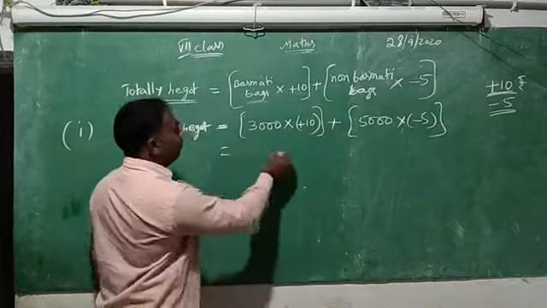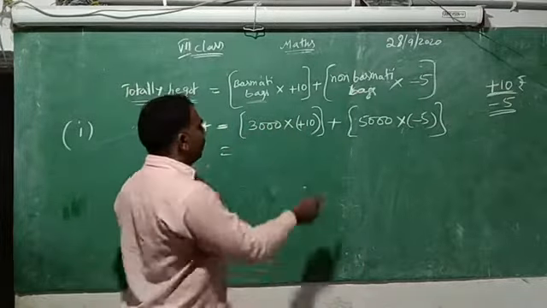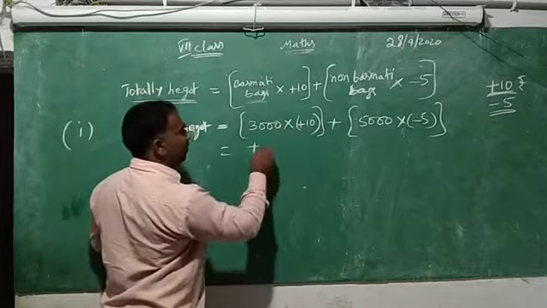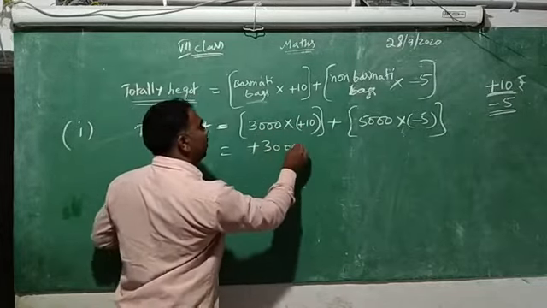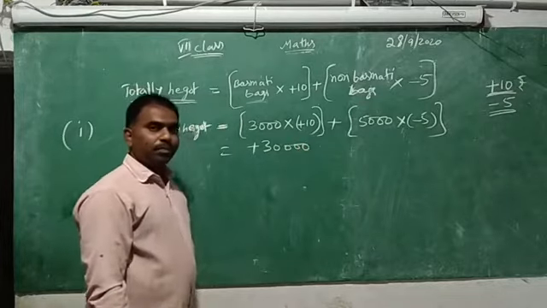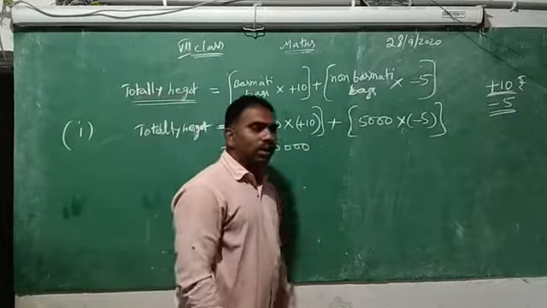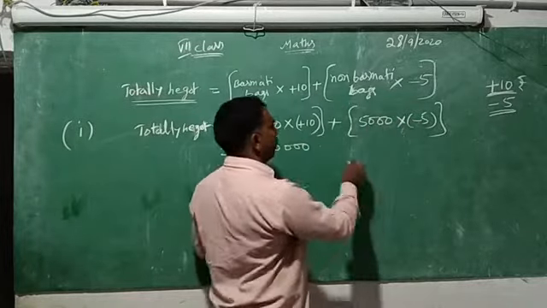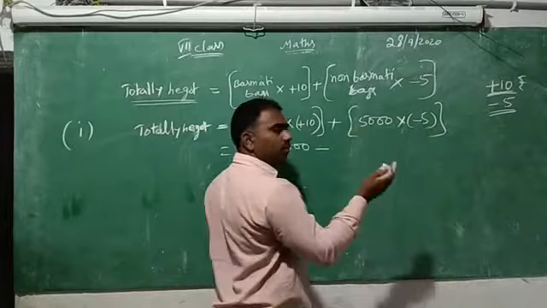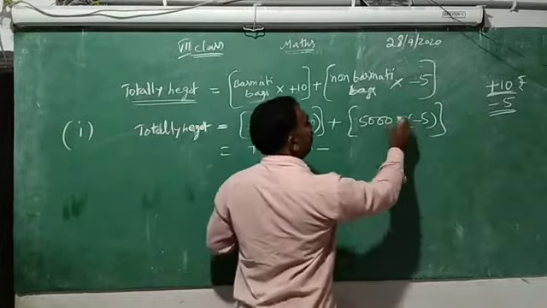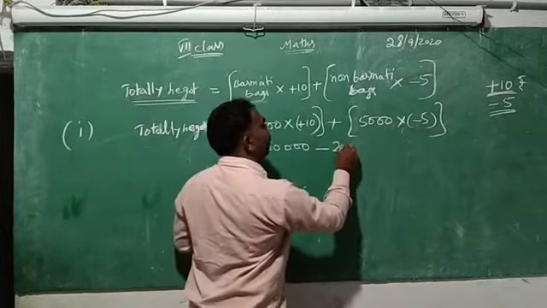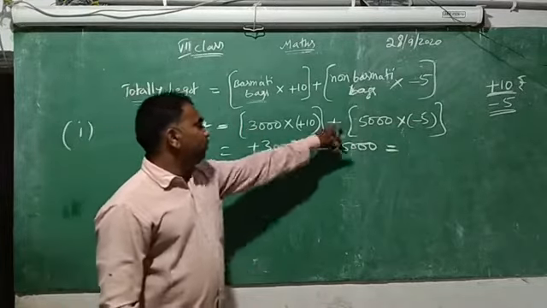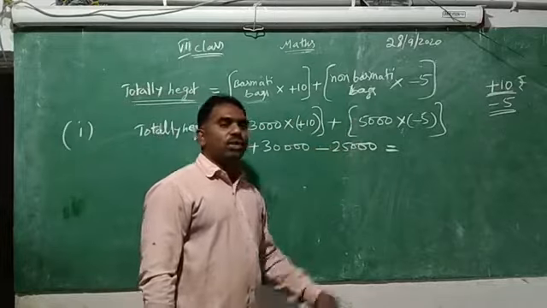Now you simplify. You know the multiplication very well. Plus and plus will be plus: 3,000 into 10 is 30,000. Next one you try. Plus into minus, you know the sign rule: 5,000 into 5 is 25,000, so this is minus 25,000.